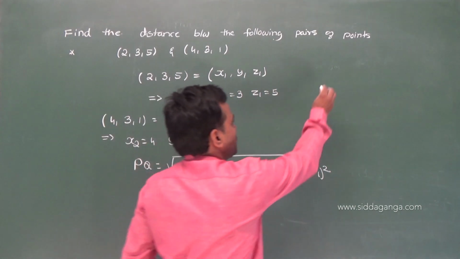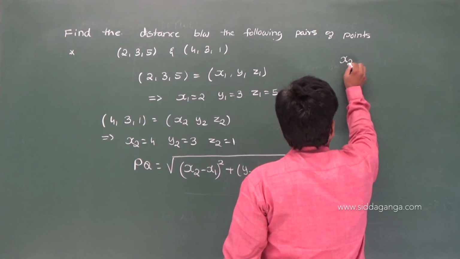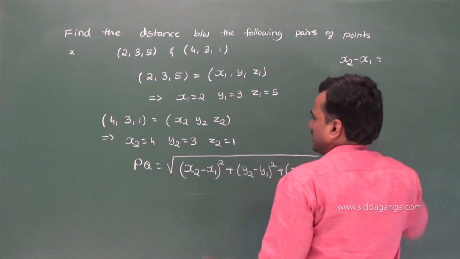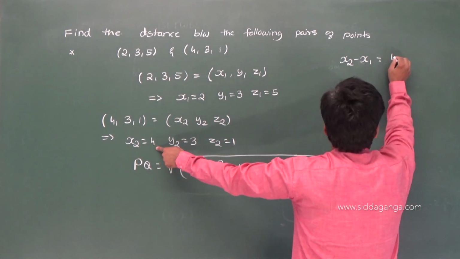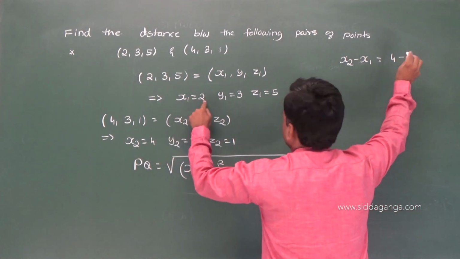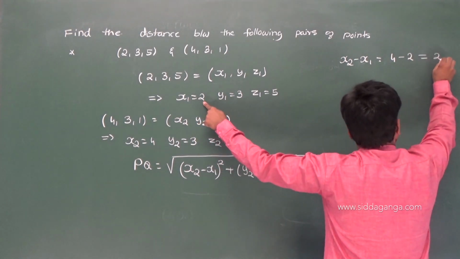Firstly we find X2 minus X1. X2 is what here? 4. 4 minus X1, which is 2. 4 minus 2 is how much? 2.